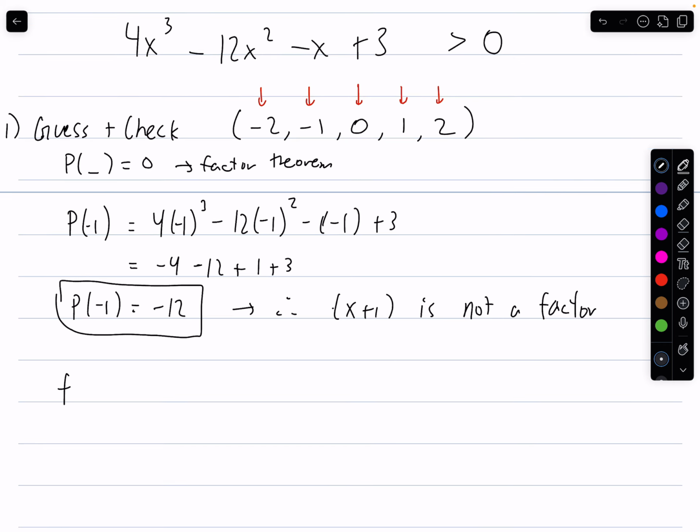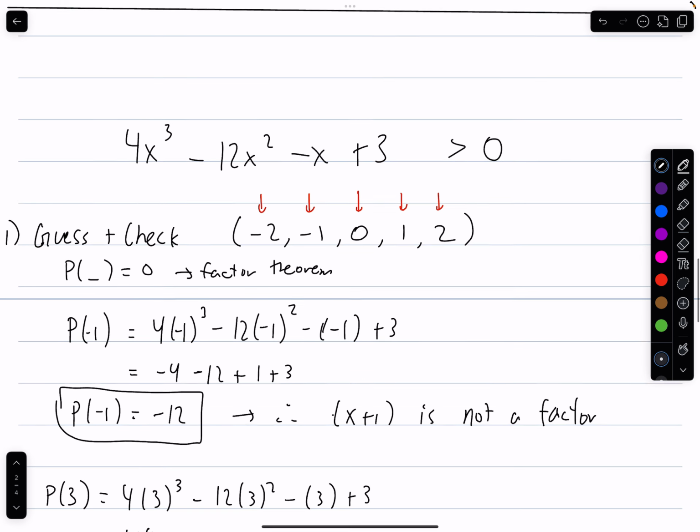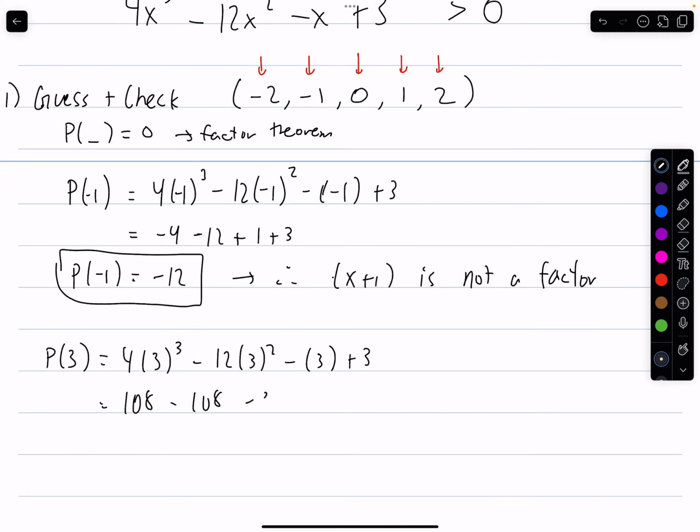Let's say I plug in p at 3. Then I'll get 4 times 3 cubed minus 12 times 3 squared minus 3 plus 3. If I do this, what will I get? 3 cubed is 27, times 4 gives us 108, minus 9 times 12, which is 108, minus 3 plus 3, so we get 0.